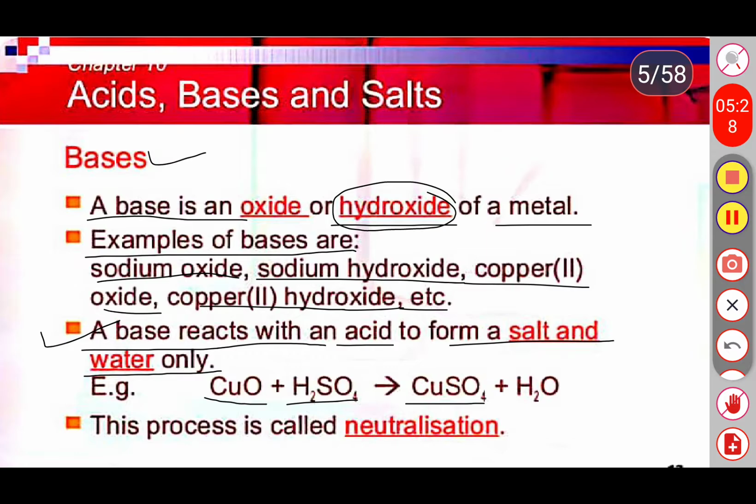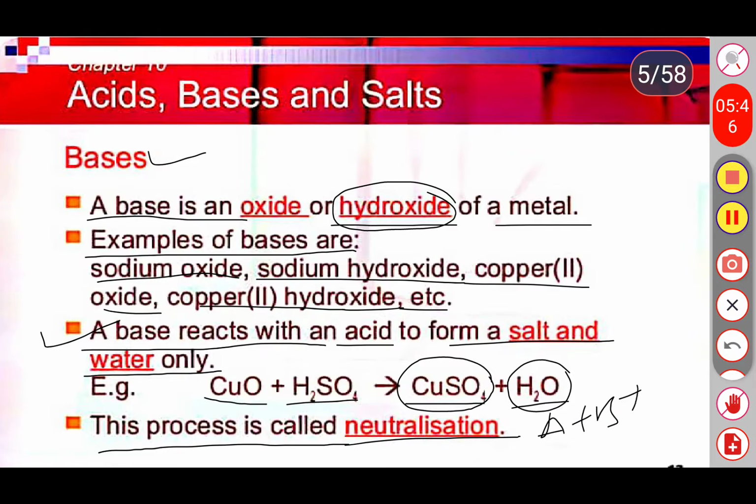Here copper sulfate is a salt and the remaining one is water. This process is called neutralization. Whenever an acid reacts with a base, it produces a salt and water, and we consider these reactions as neutralization reactions.